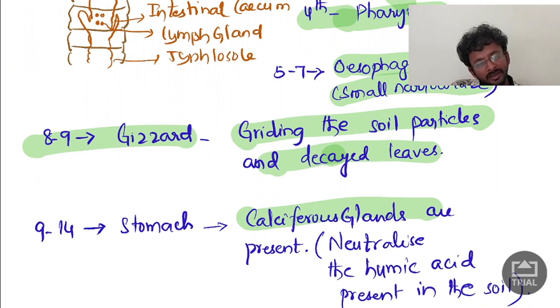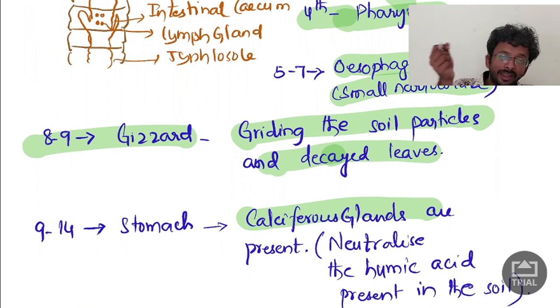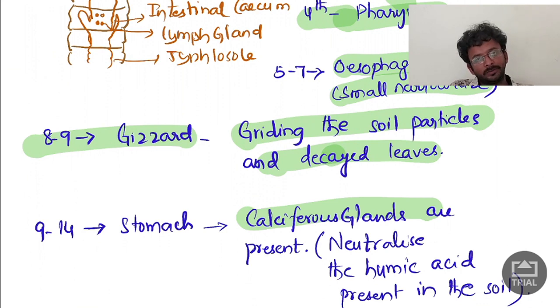These glands help in neutralizing humic acid. And what is the food for the earthworm? Decayed matter, dead leaves, dried leaves, fallen leaves, etc. That is their food. Once it falls onto the ground, it is converted into nutrients by earthworms.